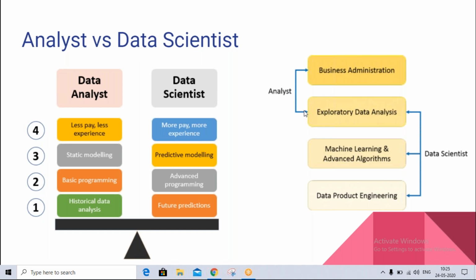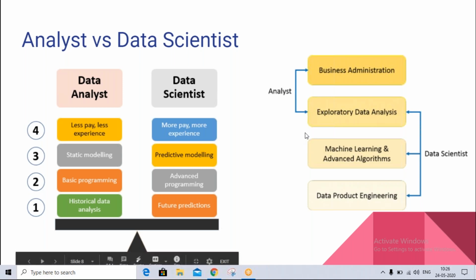If I give you some historical data of a company and ask you what hidden insights you are able to find, are you able to find any patterns in the data? If you give me some patterns and tell me that these are the patterns that you can see in this particular data, that's all. And if I want to explore more and ask you more questions, such as how to solve this particular business problem, you might not be able to answer that question.